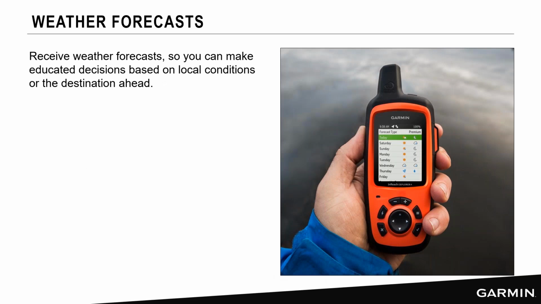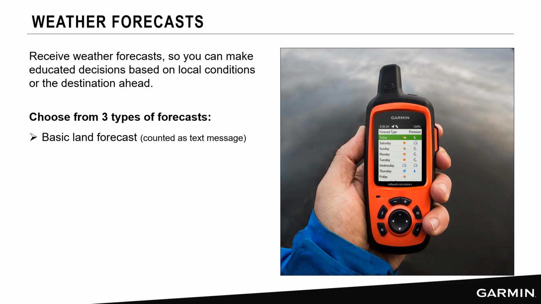Weather forecasts, I wanted to talk about this as a core functionality, and there are 3 types of forecasts. The first one is a basic forecast. Really, basic and premium give you the same attributes, and I apologize, I don't have them at the top of my head. It's the precipitation, the condition, sunny, cloudy.